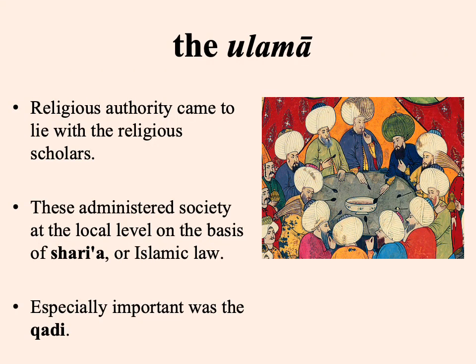Now, as it turns out, the caliph is not only losing political authority, but also any measure of religious authority he might have had early on. At the very beginning, the caliphs would sometimes assert that they had the right to make the final call on questions related to religious belief or practice.